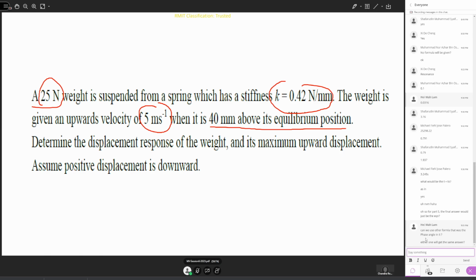This is the initial condition, and the velocity is 5 meters per second. So v is x dot, right? We can write v is equal to 5 meters per second. These are the initial conditions given based on the description of this problem.